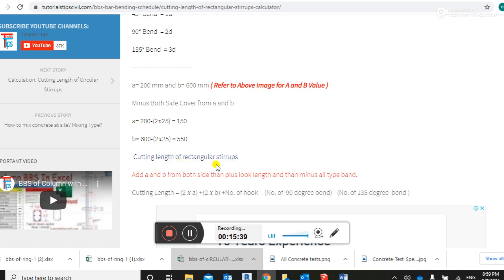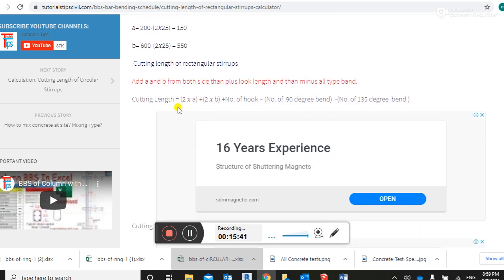Calculating the length of the stirrups: add A and B from both sides, plus the hook length, and minus all the bends. This is the formula.